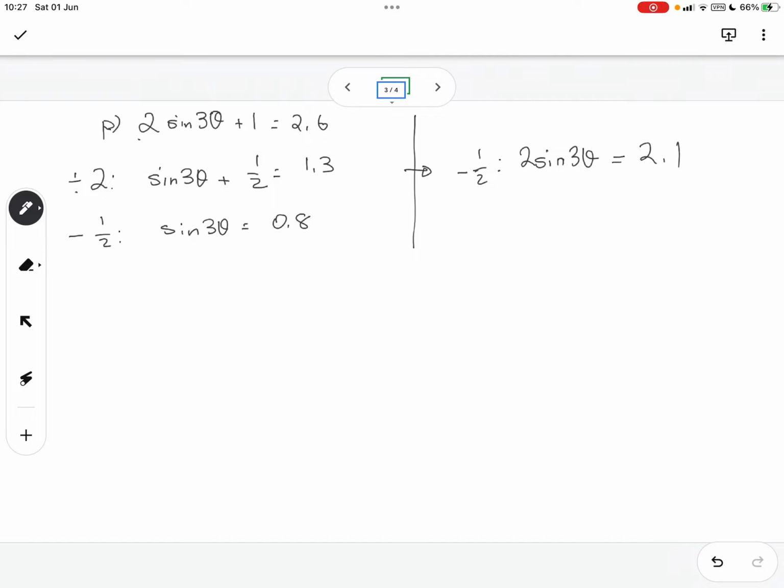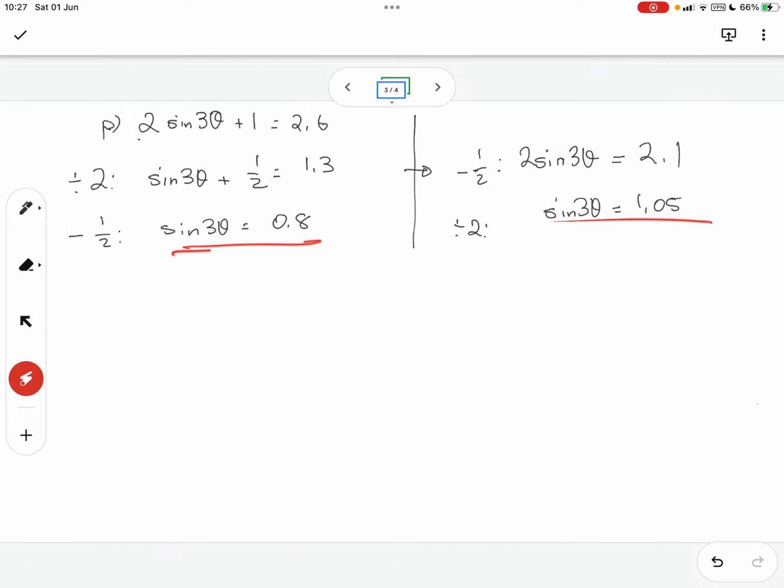Yes, that's what's happening. And then the second step, I'll have to divide by 2 such that sine 3 theta equals, let's divide by 2, 1.05. So there's something incorrect that I did here, and I need to check myself. I'm supposed to be getting the same answer at this step.